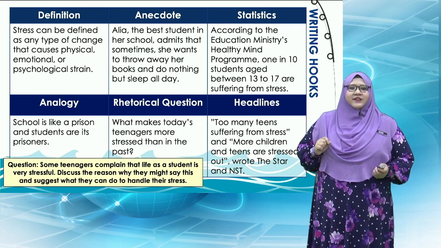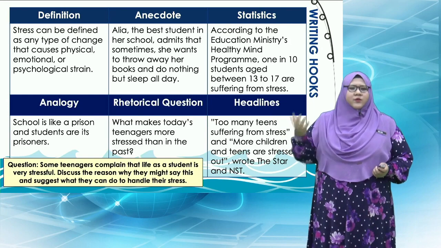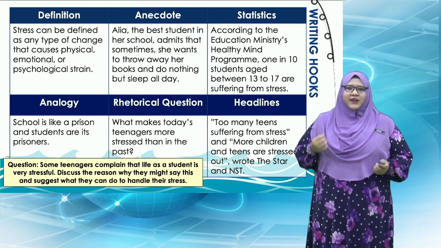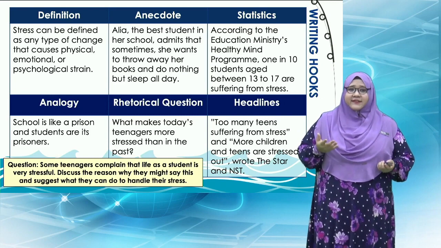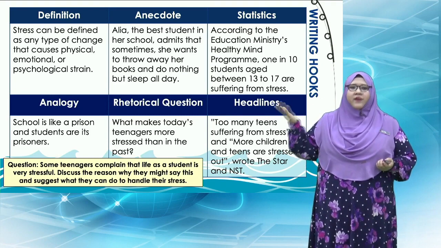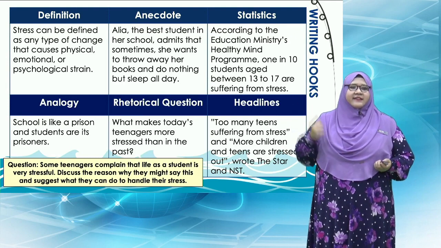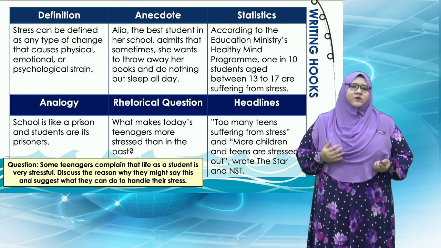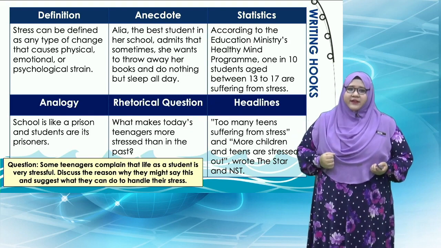The first hook that you can use is a definition, the simplest, the oldest type of hook that you can use. Okay, since you know that the topic is stress, so give a definition. What is stress? Stress can be defined as any type of change that causes physical, emotional, or psychological strain.